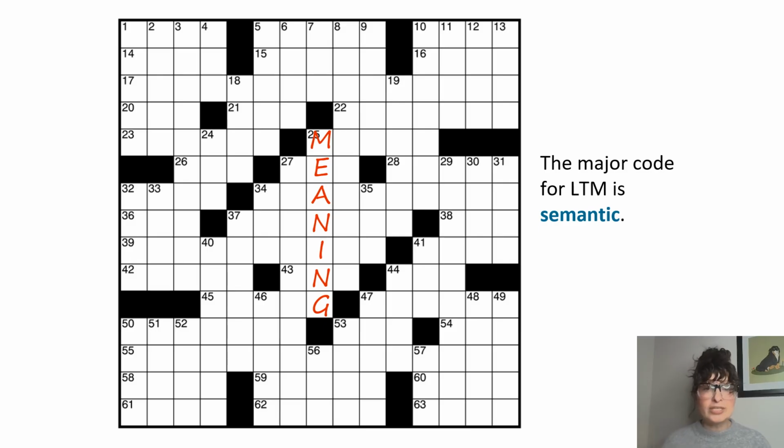In a list learning experiment, you might recall sofa instead of couch, or you might recall tulip instead of daisy, because again, you're encoding information in the long term based on meaning. And that should tell you something about how to study. You have to make information meaningful to yourself in order to remember it long term.